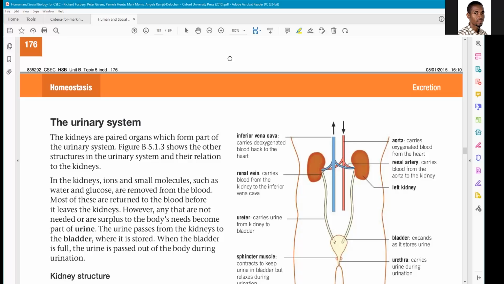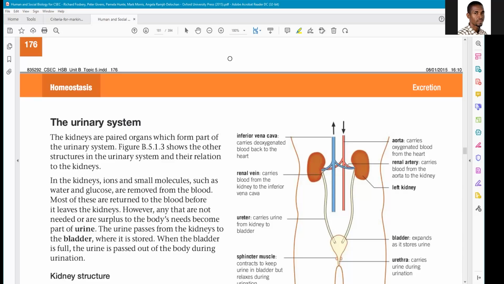Yeah, homeostasis and regulation of water and that kind of thing. Regulation of body temperature. All these are conditions that need to be kept the same. So we are born with a pair of kidneys.